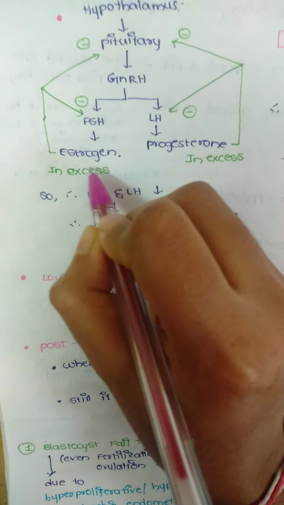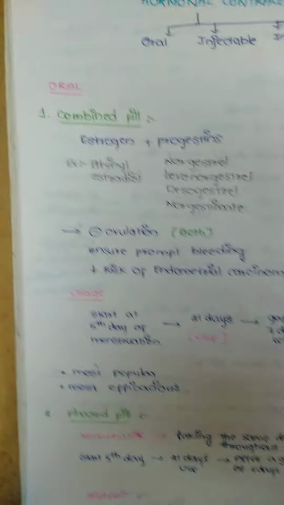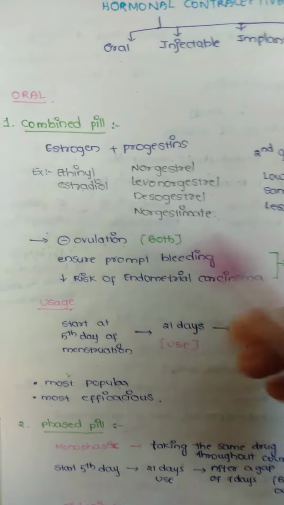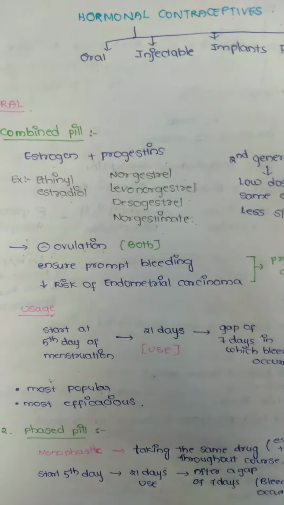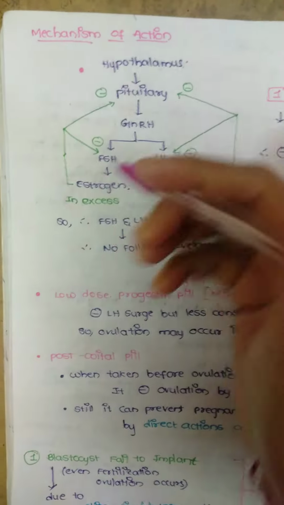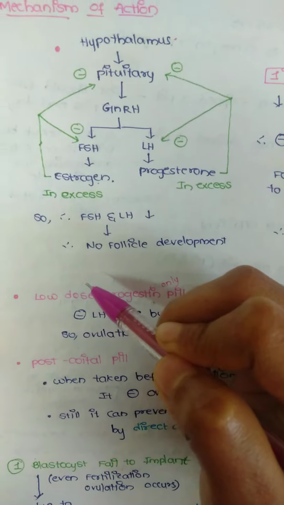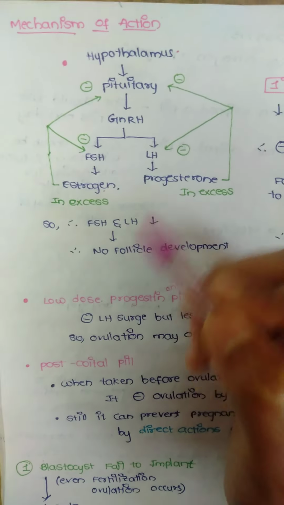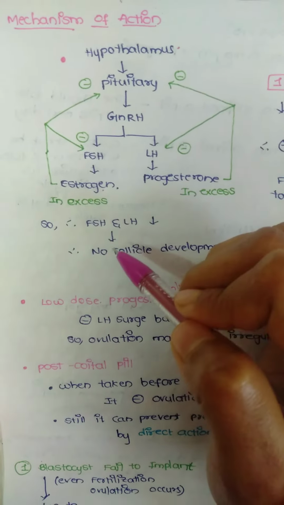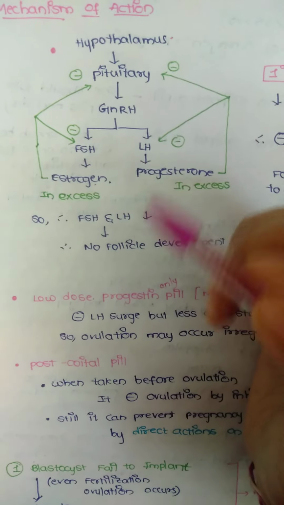So we give these estrogen and progesterone combinations to avoid conception or fertilization. How does it happen? Normally estrogen and progesterone are helpful for pregnancy to occur, but here they are used as contraceptives. How?